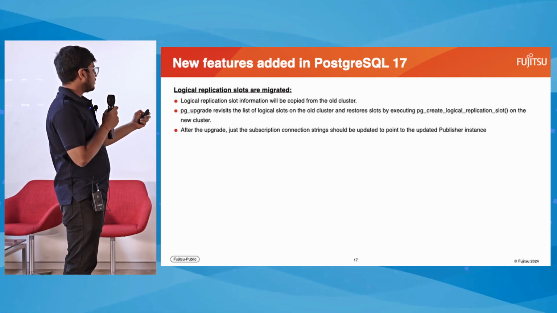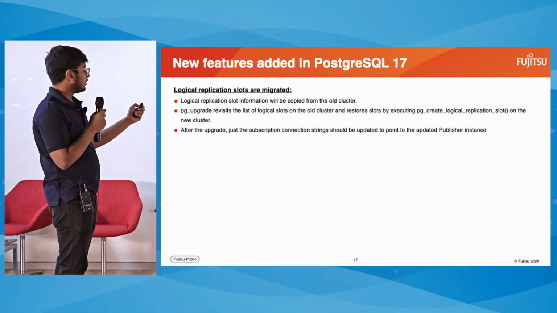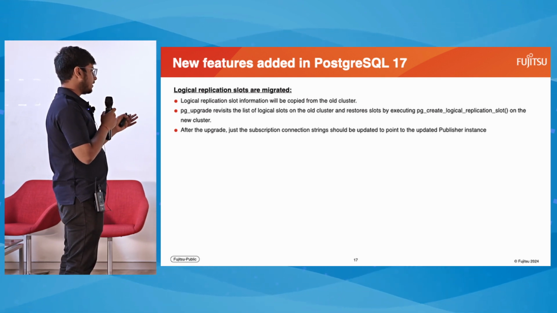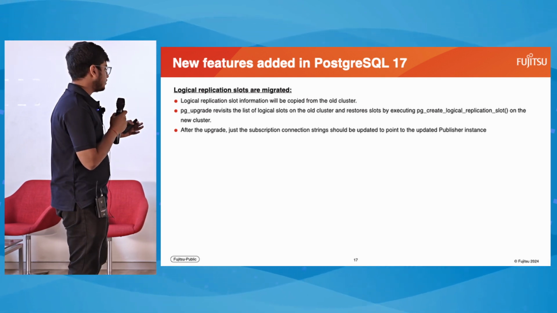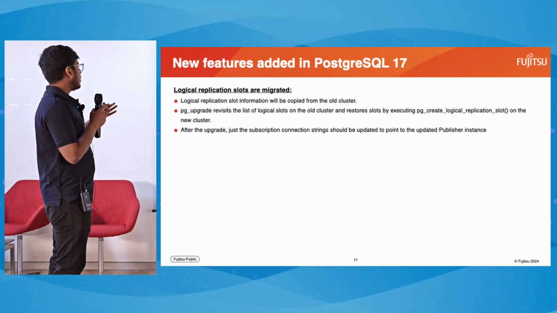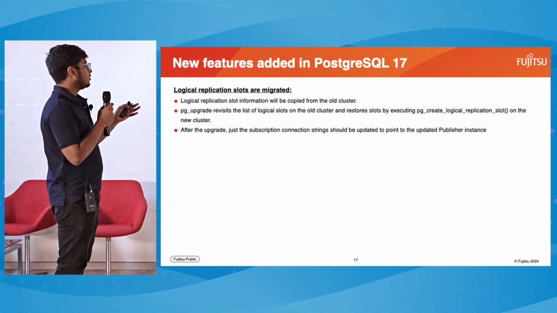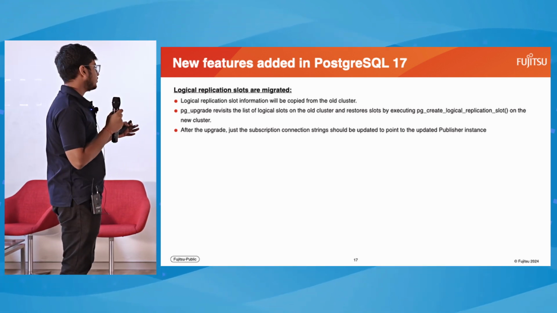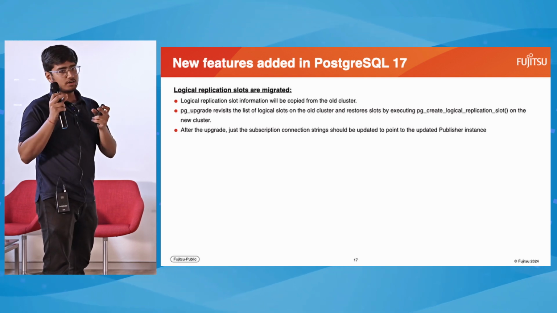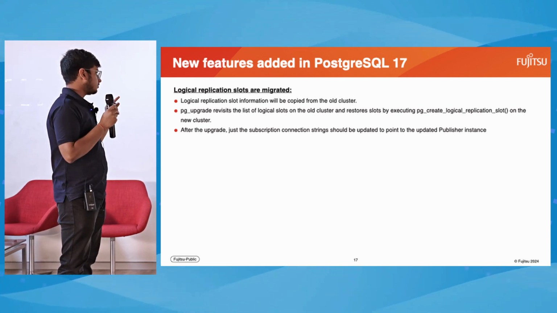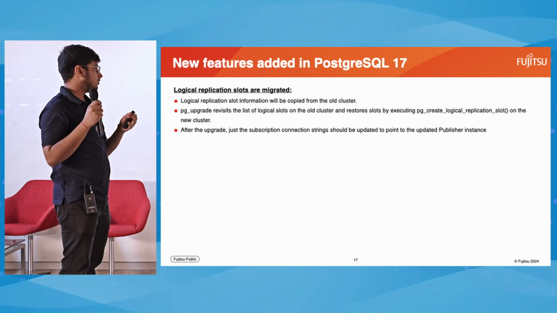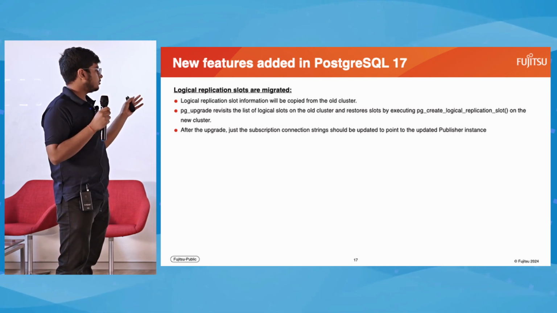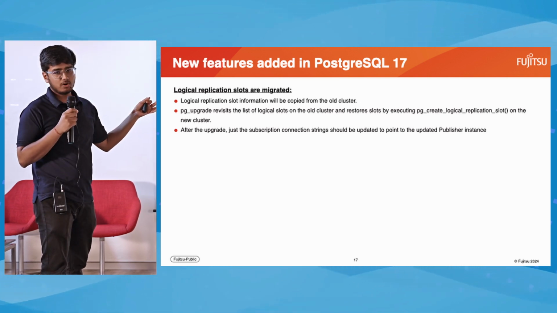So that's how logical replication slots are migrated from the old cluster to the new cluster. Now after upgrade, since we have that replication slot, we just need to change the connection string on the application side to the connection string of the upgraded publisher instance.